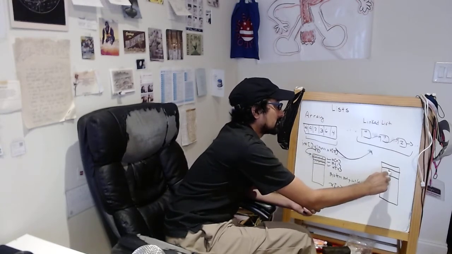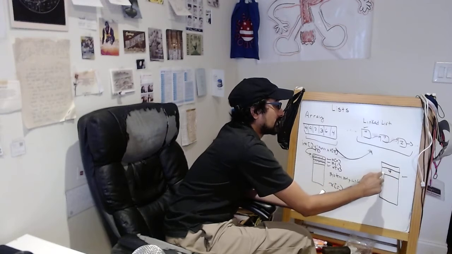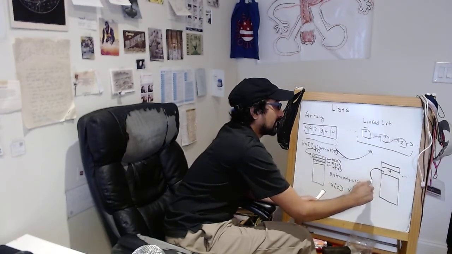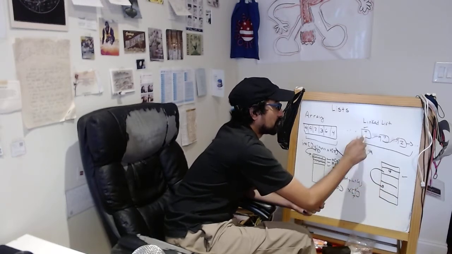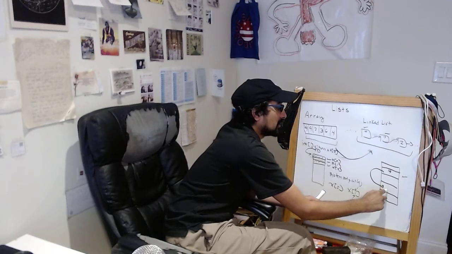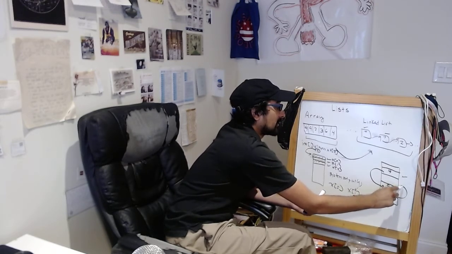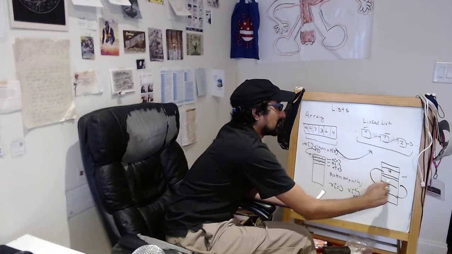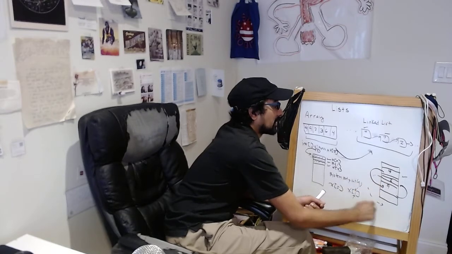But we've got this one here, and then it's got a link to another. So these are each nodes. And we've got this node here, and it's got a link to another one, and we've got this node here, and it's got a link to whatever.